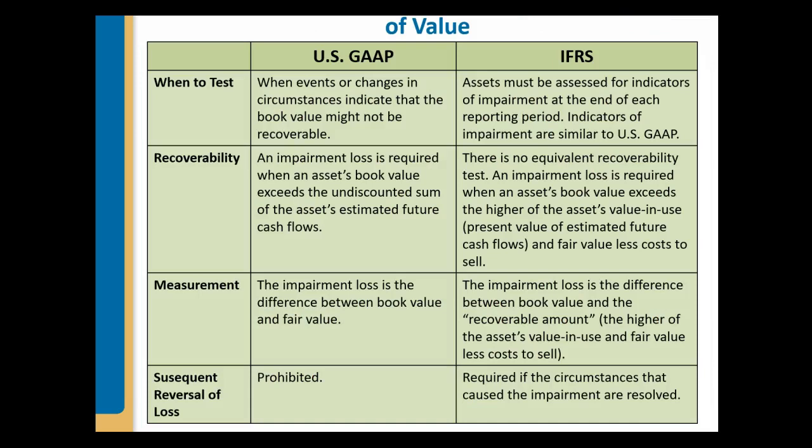So under U.S. GAAP, when events or changes in circumstances indicate that book value may not be recoverable, it should be treated and tested for impairment. Whereas under IFRS, assets must be assessed for indicators of impairment at the end of each reporting period.